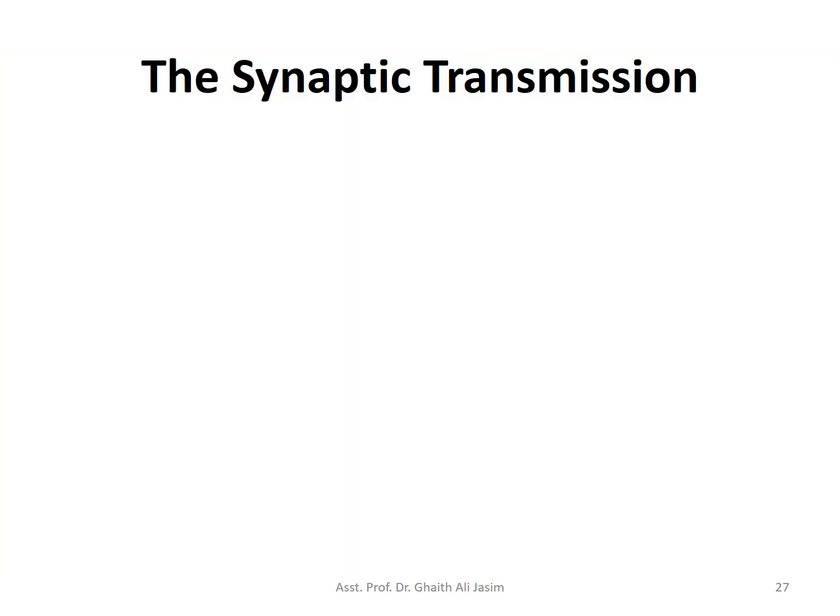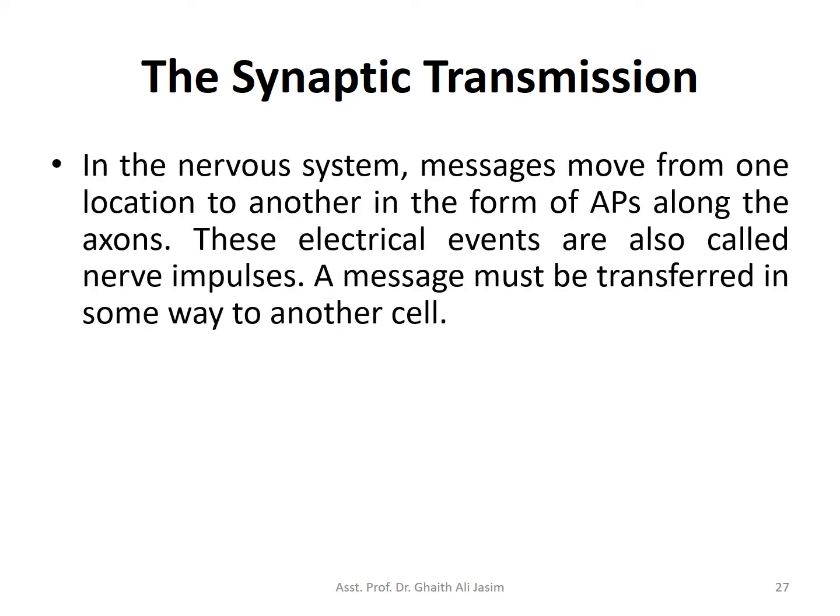Okay, another subject here, the synaptic transmission. In the nervous system, messages move from one location to another in the form of action potentials along the axon. These electrical events are also called nerve impulses. A message must be transferred in some way to another cell.